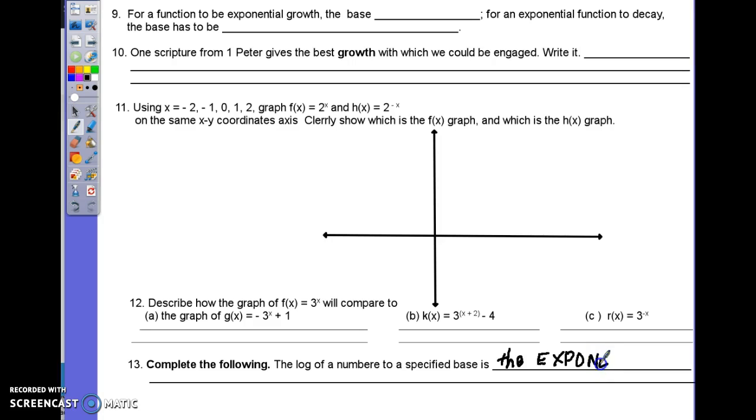It's the exponent to which the base must be raised to get the number.